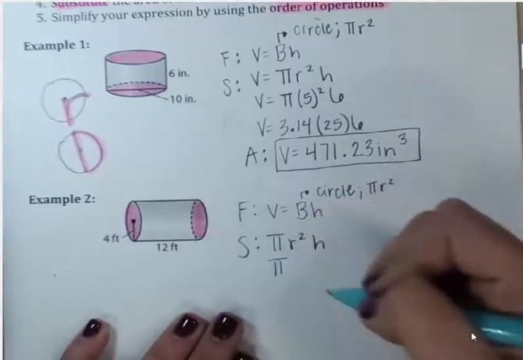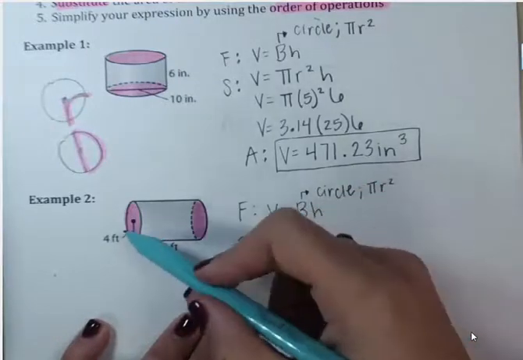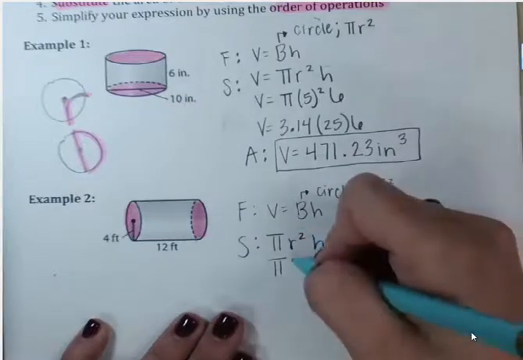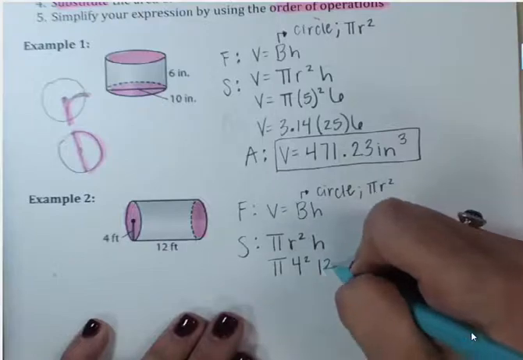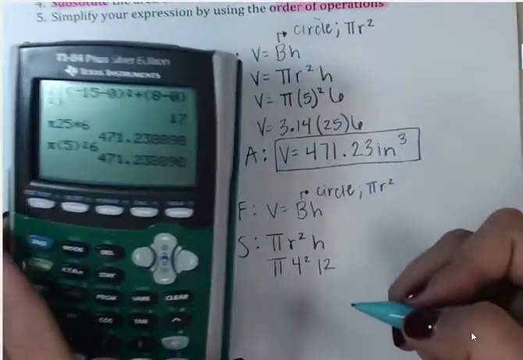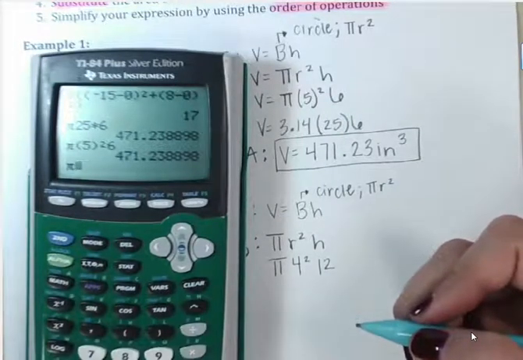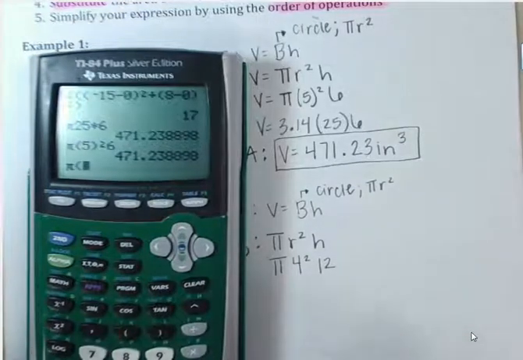Pi, what's my radius? Am I given my radius or my diameter? You are given your radius this time because your radius is half of your diameter. So pi times 4 squared times 12. Alright, now you can type that into your calculator. Pi times 4 squared. Sorry, you always need to put your radius in parentheses. 4 squared times your height, which is 12.